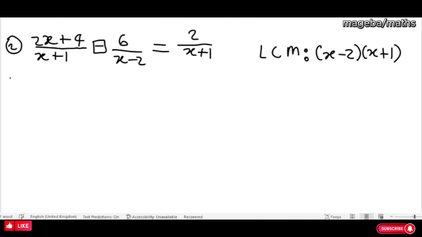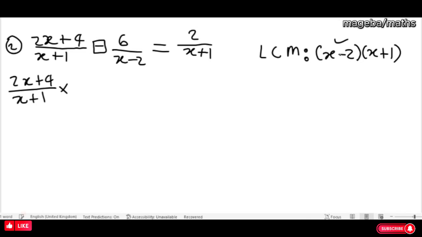First thing, let me just bring this back. We need to times this fraction with the LCM that we don't have here. We have x plus 1 here, meaning we're not going to use this x plus 1, we're going to use the other factor, since we don't have x minus 2 here. So you're going to times with this.